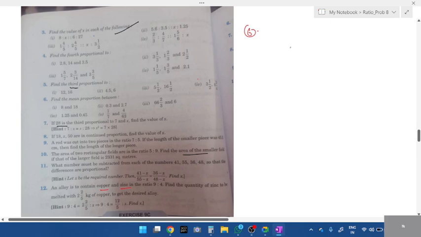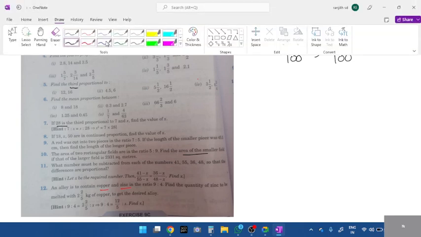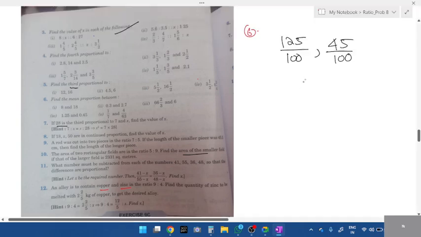Okay, 1.25 is given. How do you convert 1.25? 125 by 100, comma, 0.45 is given. How do you convert 0.45? 45 by 100. Mean proportion. Mean meaning is middle. In the middle, you should add a value. What value should I add? What's the unknown value?